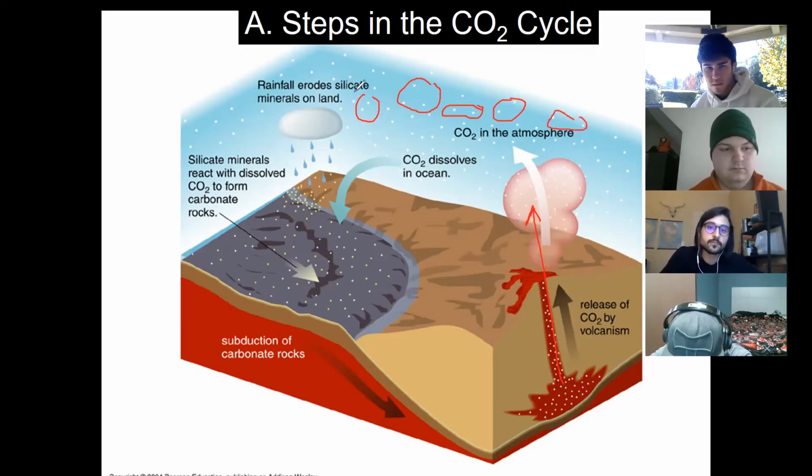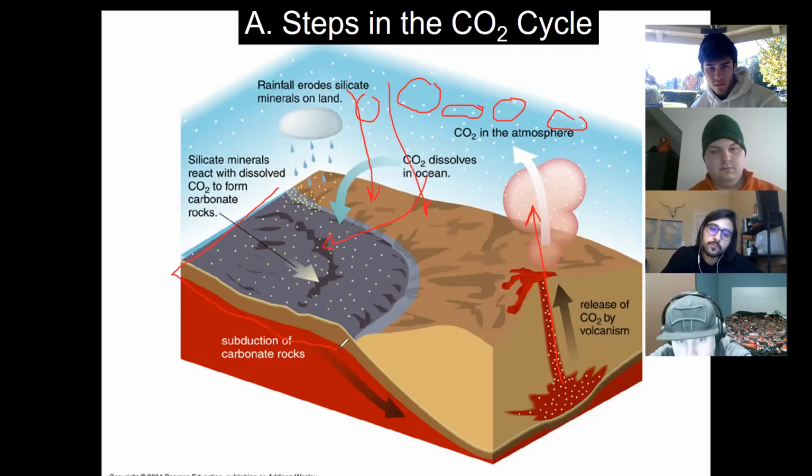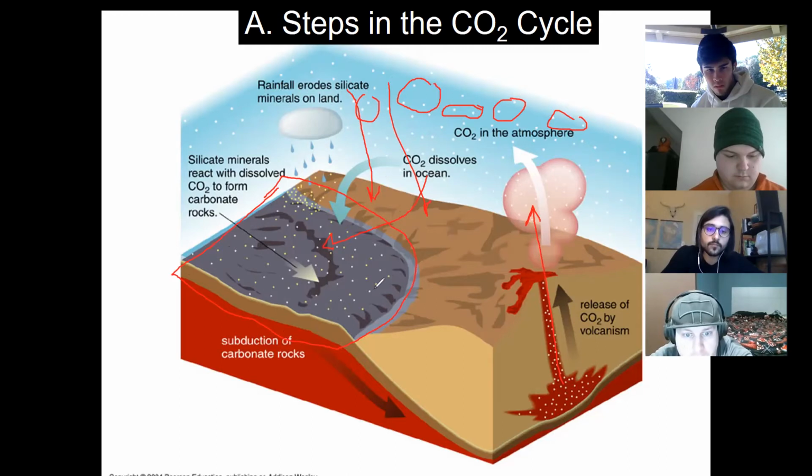The carbonated water, which is slightly acidic, then rains down on the continents, which are made of silicate rock. You wash silicate rock into the oceans, you form carbonate rock in the form of limestone and coral reefs and things. That traps the CO2 on the ocean floor. And then plate tectonics slowly pushes the ocean floor into subduction zones where the CO2 comes out again. It's a beautiful little machine here.